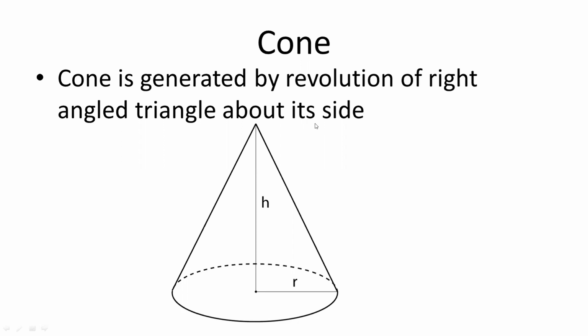Okay, so the second geometry, or second solid by revolution, is the cone. A cone is generated by the revolution of a right angle triangle about one of its sides, that is the vertical side. So here you can observe.